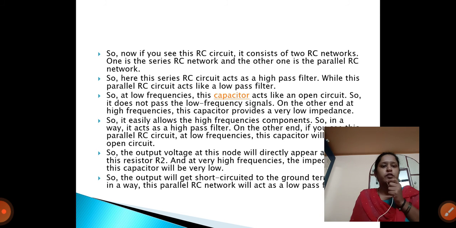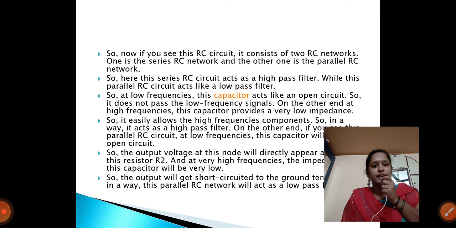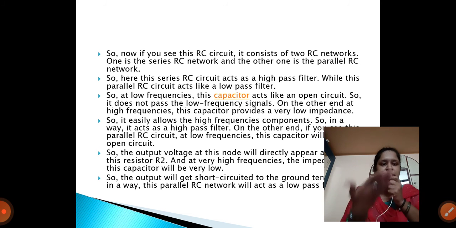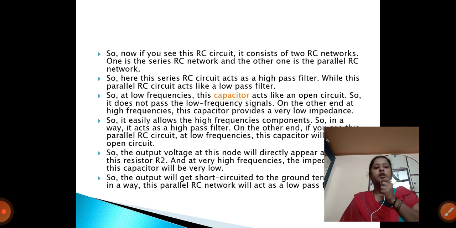At low frequencies, this capacitor acts like an open circuit, so it does not pass the low frequency signals. At the high frequencies, this capacitor provides a very low impedance. Impedance means resistance is very low, so it is easy to allow the high frequencies.